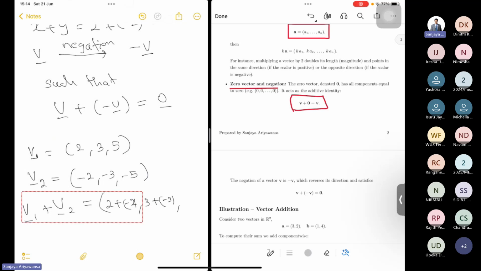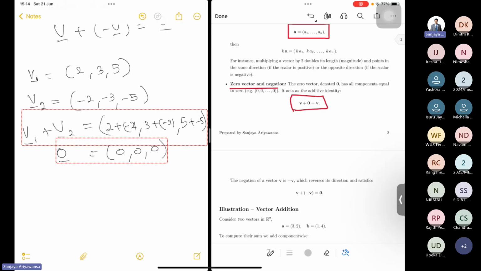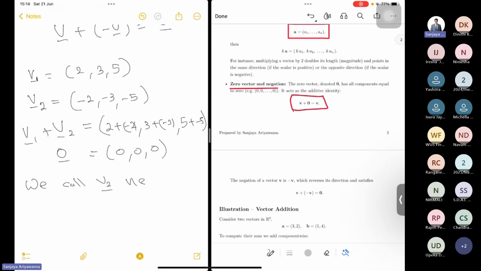And then finally you add the last two, 5 plus minus 5. So you get 0, comma 0, comma 0. So what is this? This is the zero vector. Then we call the vector v2 the negation of the vector v1, right?